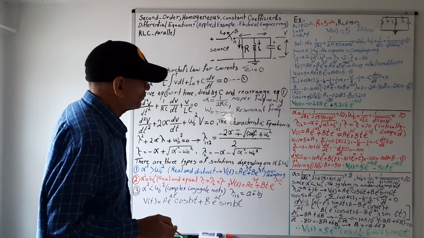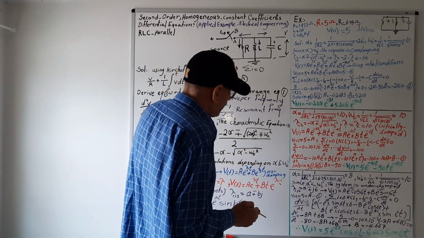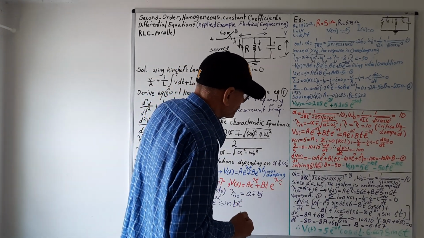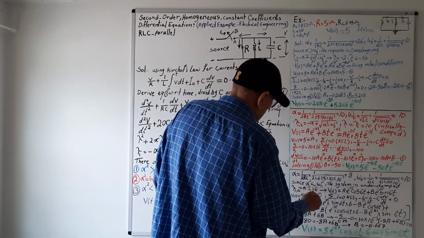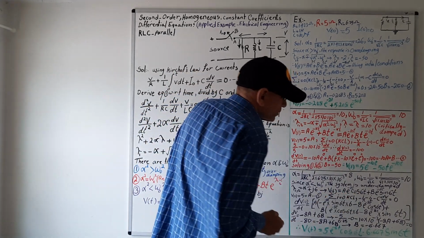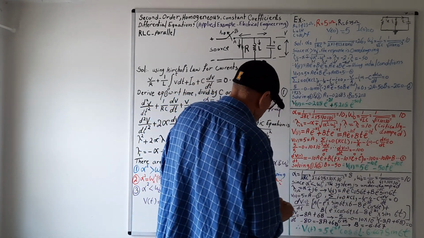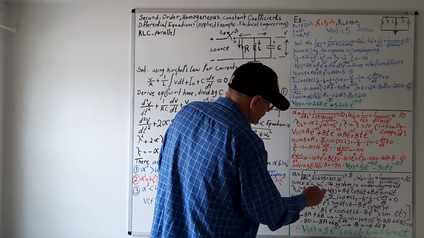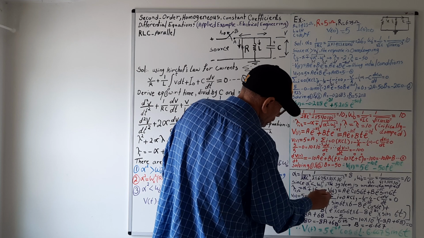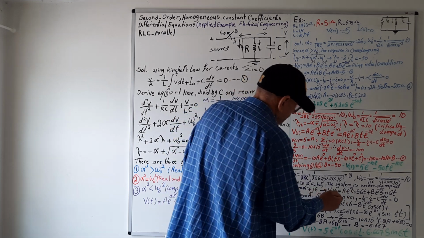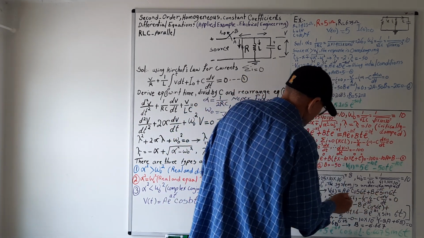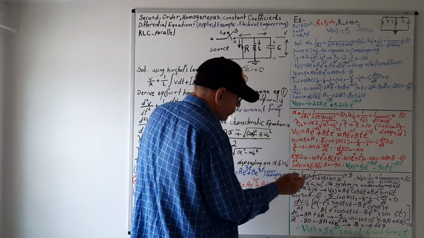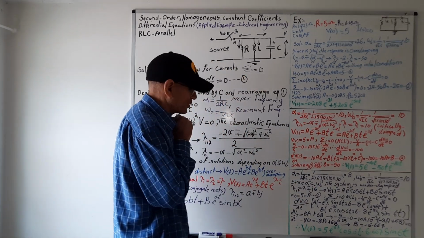In this third case, when alpha squared is less than omega naught squared, the system is called underdamped. And we will have two complex numbers, and our solution will be in this form. Again, we find the constants A and B from our initial conditions.